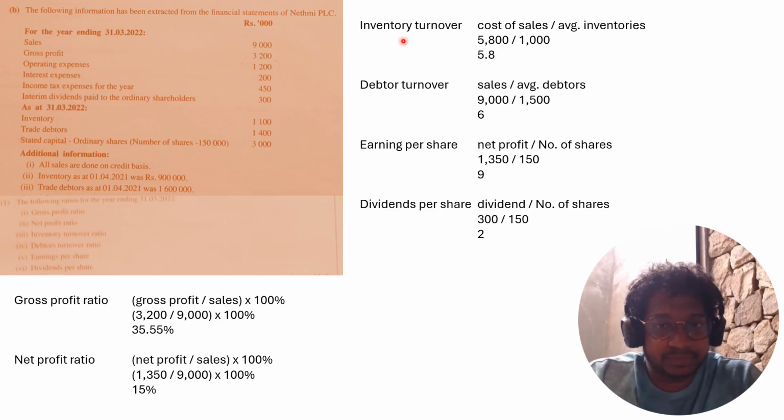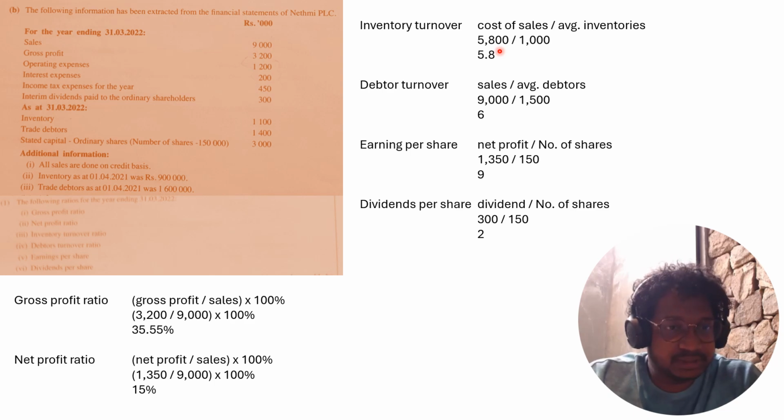And inventory turnover. How do we find inventory turnover? You have to get the cost of sales and divide it by the average inventories. Here the sales and gross profit are given. The difference of sales and gross profit is your cost of sales, right? So your cost of sales is 5,800.